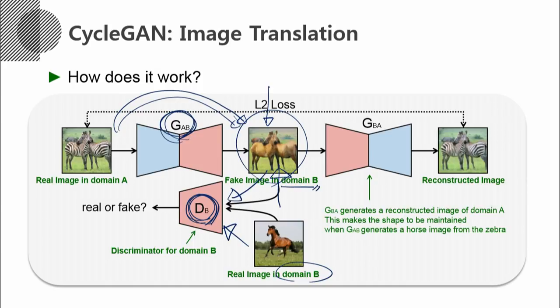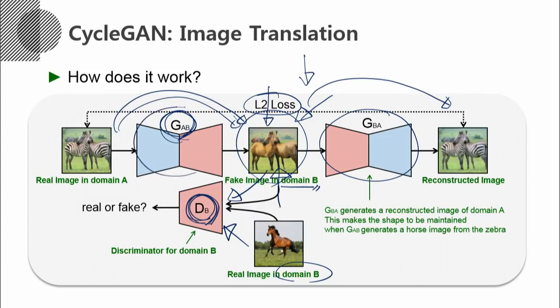Additionally, this network in CycleGAN has an additional loss, which is called the cycle loss. In this case, we design another network that can convert the images containing horses with brown color back to zebra images.